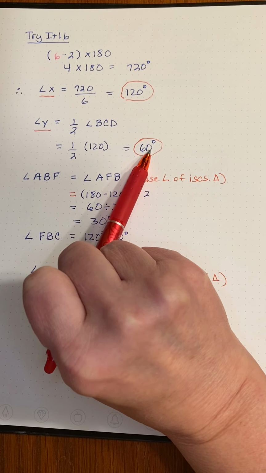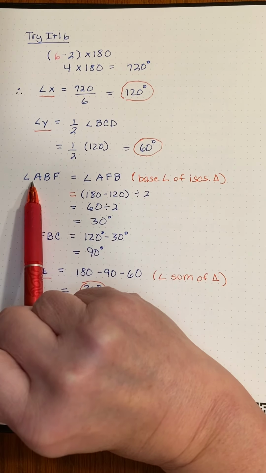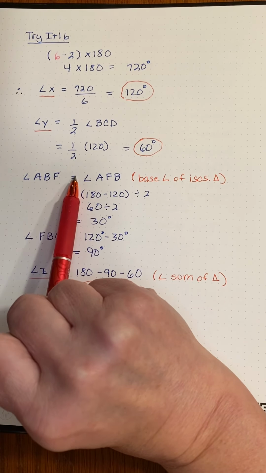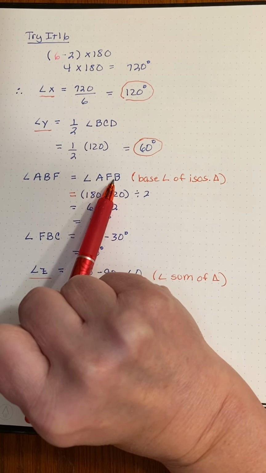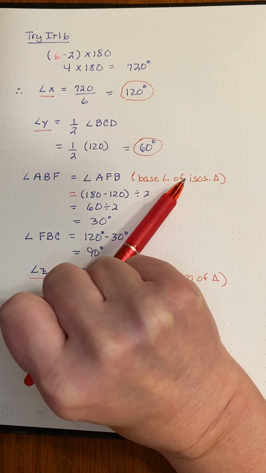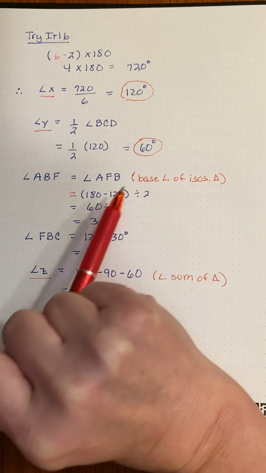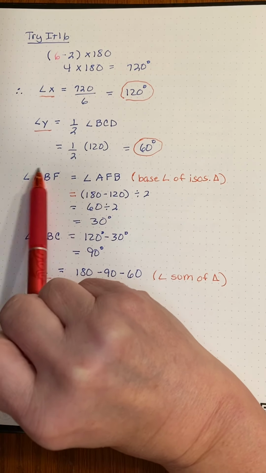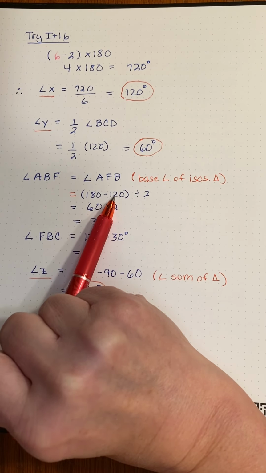Now angle Z. There are a few steps involved here. First of all, angle ABF is equal to angle AFB because they are the 2 base angles of that isosceles triangle formed by points A, F, and B. So I can find this angle ABF, which is 180 minus 120.